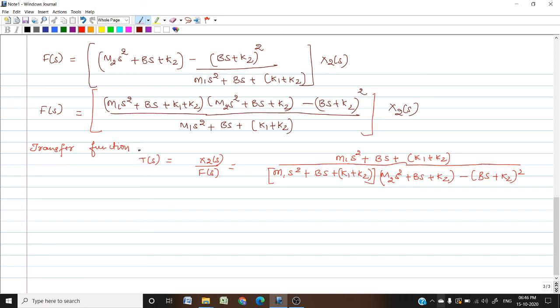This is the transfer function and final answer of this question.